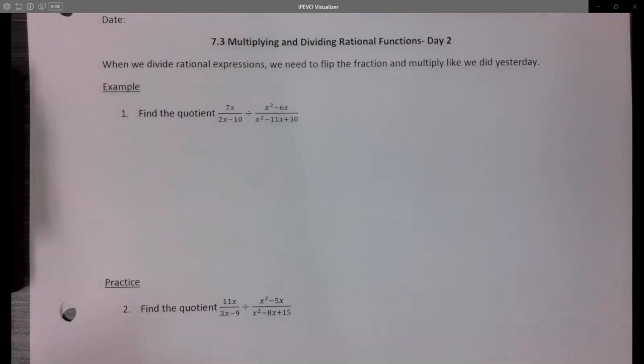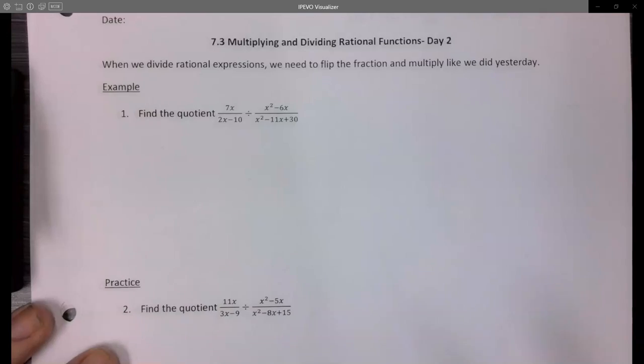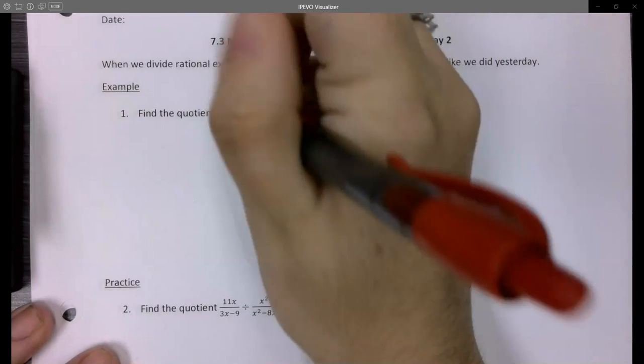So number one wants us to find the quotient. What we do when we have division, we want to flip the second fraction.